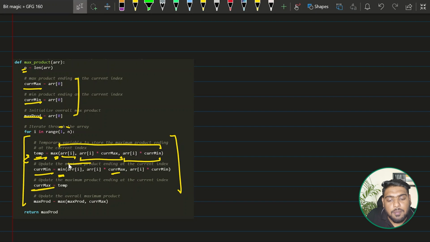We are just taking the minimum of these three values. Now we have current minimum and current maximum ready. The last step is to maximize the maximum product with the help of current maximum. Once I'm done with one complete iteration, I can simply return the maximum product that we have found so far.